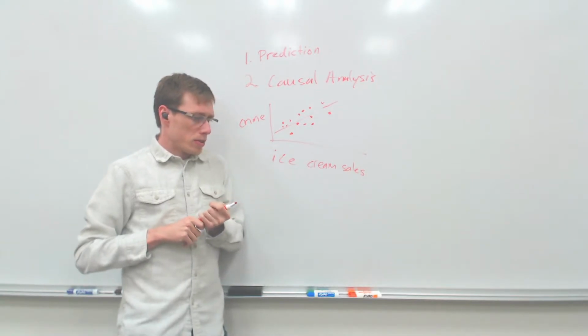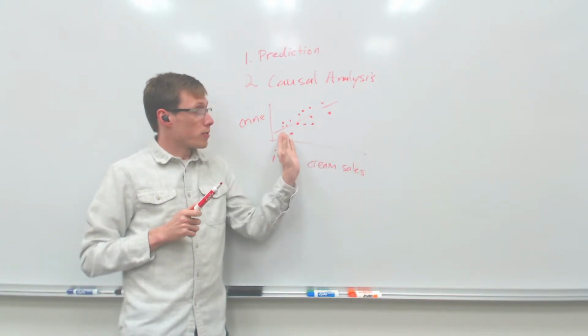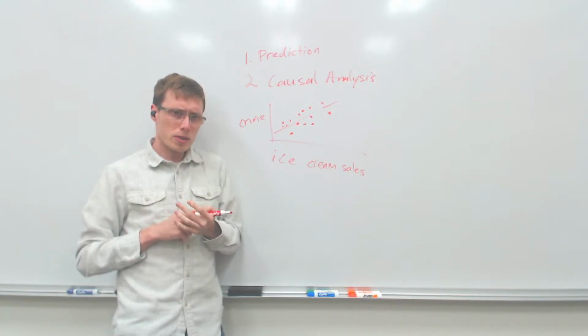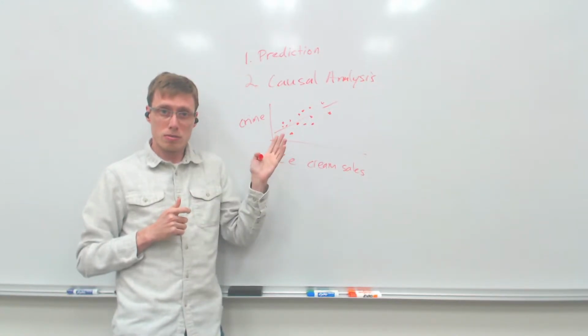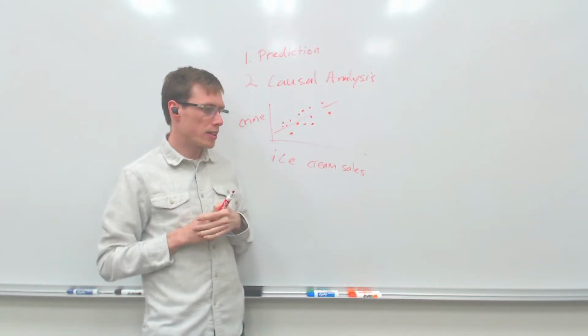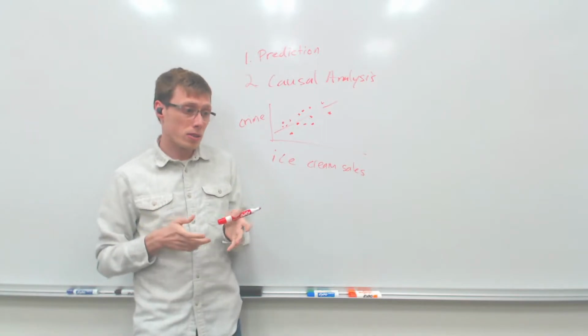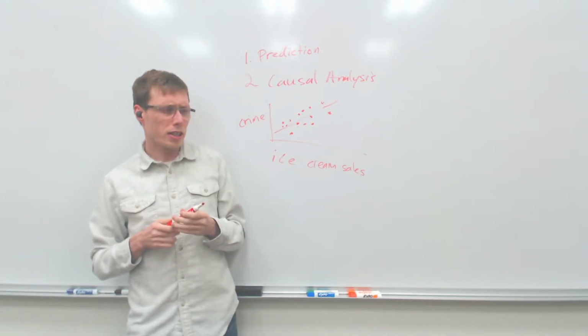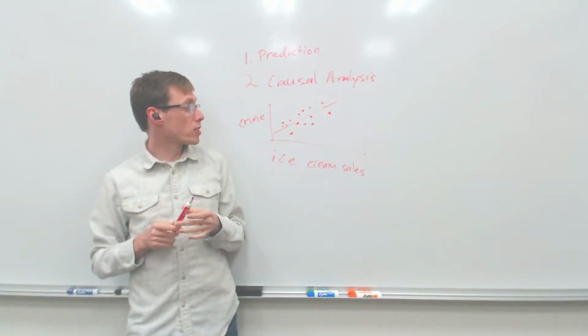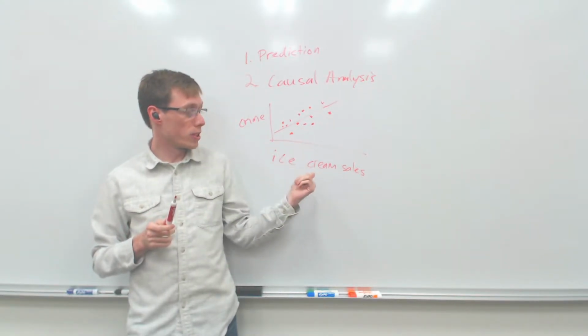So the point though is that you're comparing different times, and there could be other things going on between those times that account for these properties. In this case, the easiest one to explain it is that it turns out there is a strong connection between temperature and crime. And not a surprise, there's also a strong connection between temperature and ice cream sales.